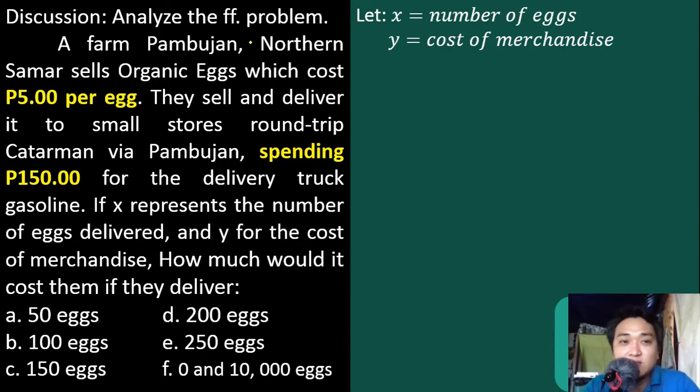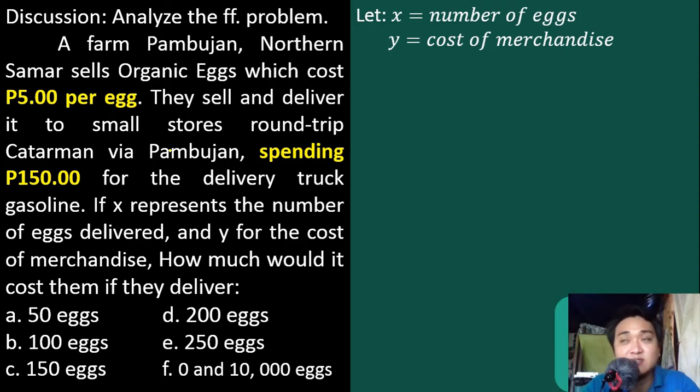So ganito po 'yun. Meron daw pong nagtitinda ng organic eggs. 5 piso bawat isa. So, syempre, pag dineliver nila yung kanilang paninda, gagastos sila sa gasolina nung truck na nagdi-deliver. Ang gastos nila is 150 pesos.